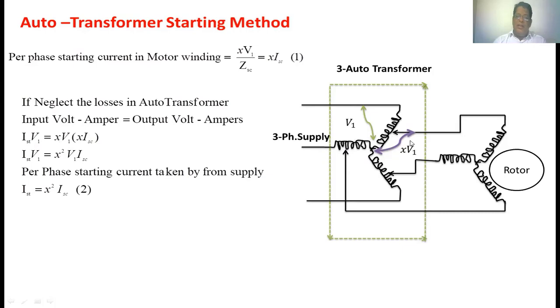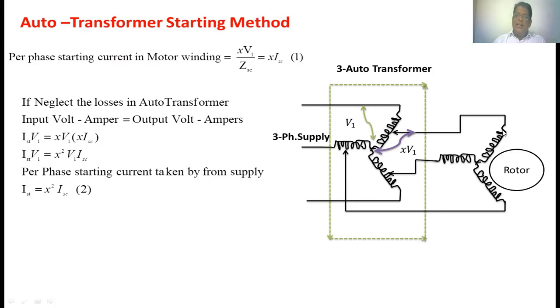XV1 is the secondary voltage of the auto transformer, which is applied to the stator winding. Now here, IST into V1 equals X square into V1 into ISC. V1 gets cancelled. The starting current taken by the supply is equal to X square into ISC.